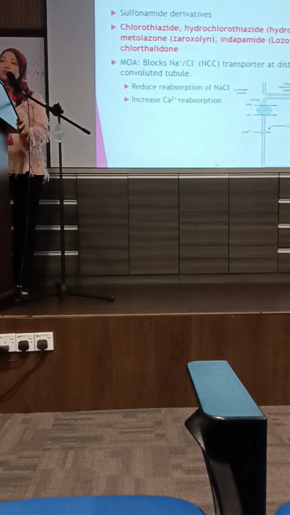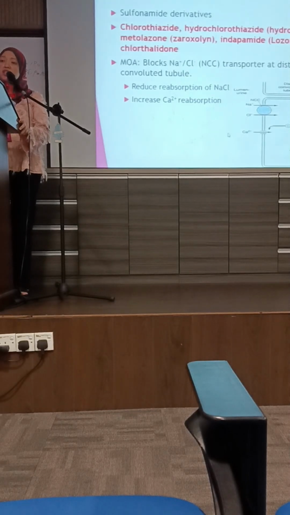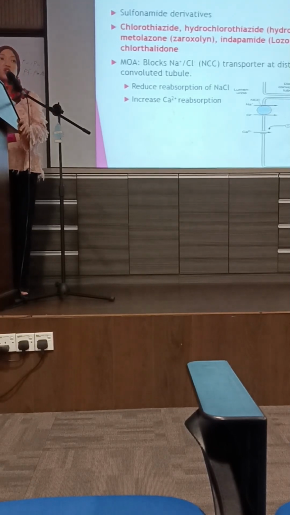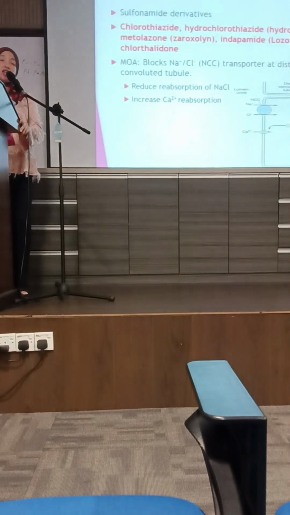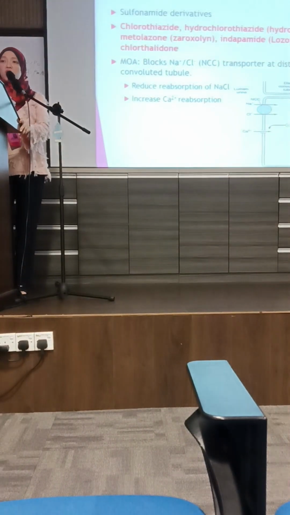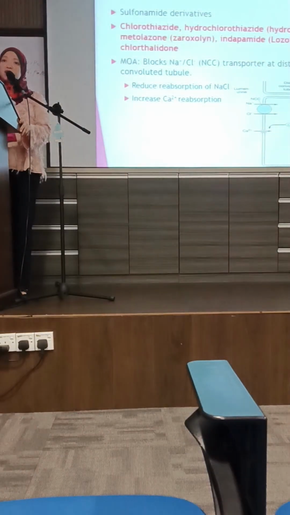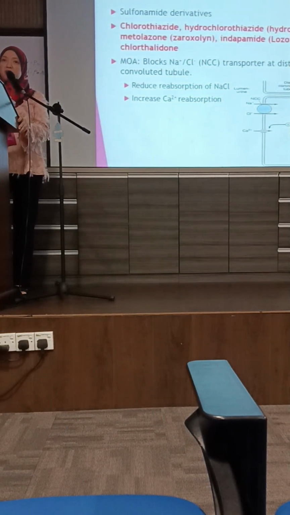But in contrast to loop diuretic, which inhibits calcium reabsorption, so more calcium is lost in the urine, causing hypocalcemia. But thiazide has a calcium channel and PTH action here, which increases calcium reabsorption and can cause hypercalcemia instead of hypocalcemia. So don't mix them up: loop diuretic causes hypocalcemia, thiazide causes hypercalcemia. Okay.